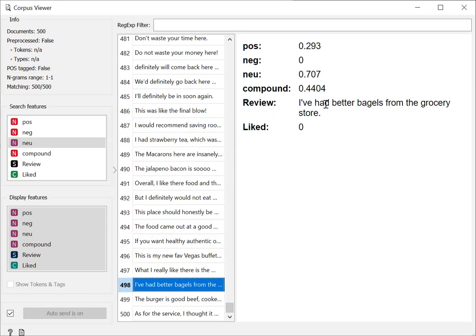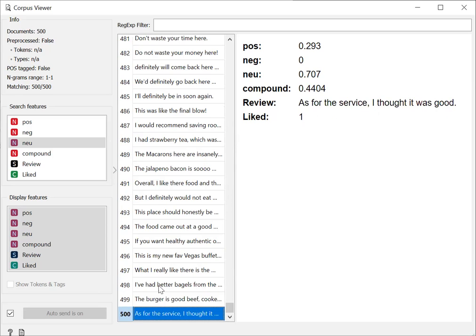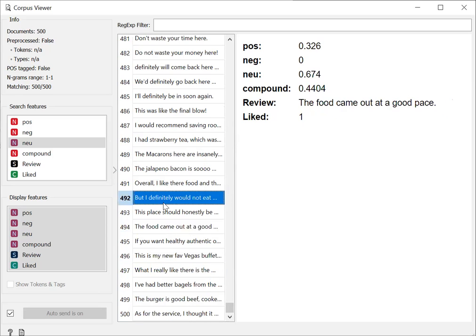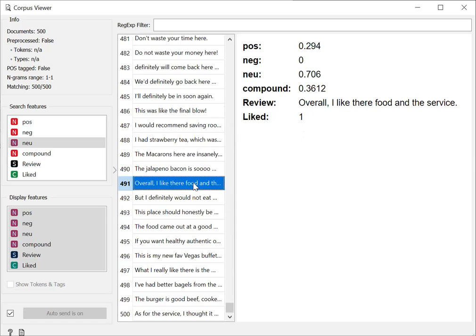Here, I've had better bagels from the grocery store. This is negative. But I definitely would not eat here again. Again, this is negative, but it chose wrongly here.